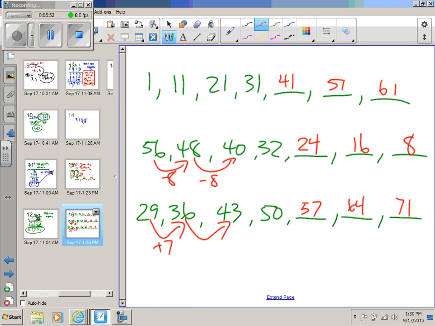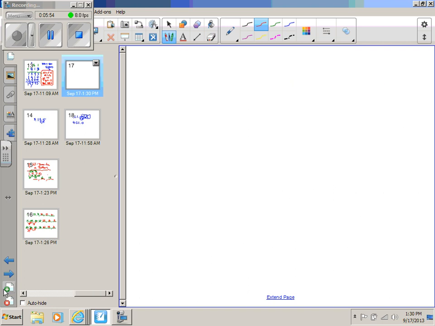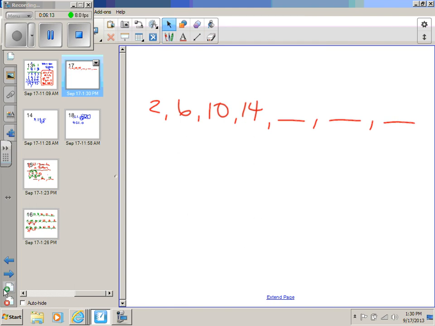Let's use an example. Let's use the example they give us. They'll be asking you to finish off the sequence, and then we're going to write a rule.